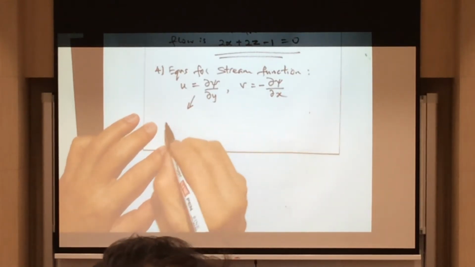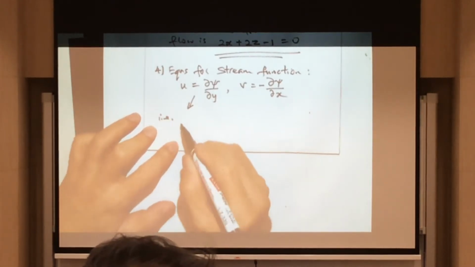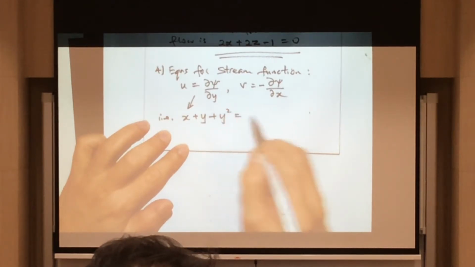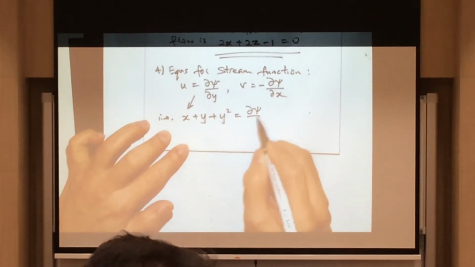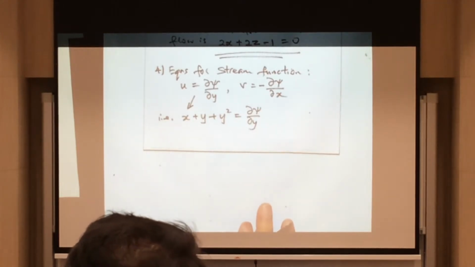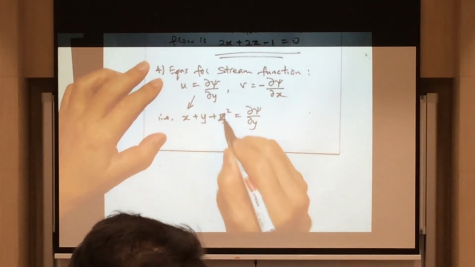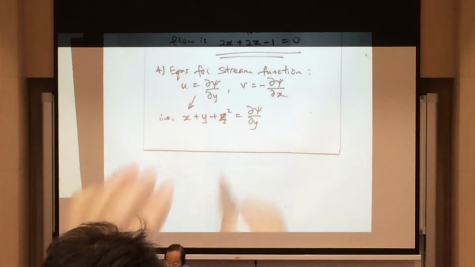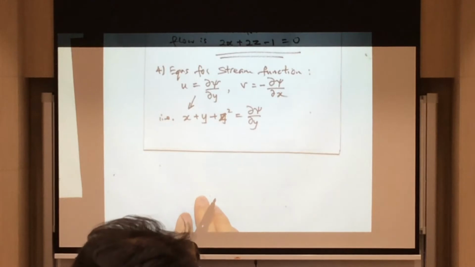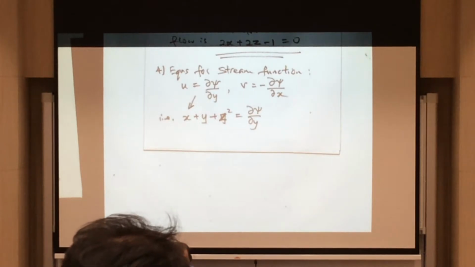So our u is equal to del psi del y equals x plus y plus z squared.